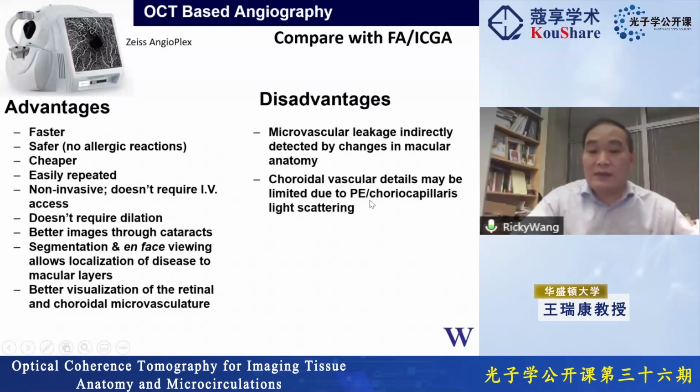Because the RPE layer and choroid capillaries are highly scattering, that stops the light from going deeper into the choroid. So of course, these two research directions are still ongoing. In fact, the OCT is able to look at the leakage of the vessels, and also OCT is able to look at the choroid blood vessels.